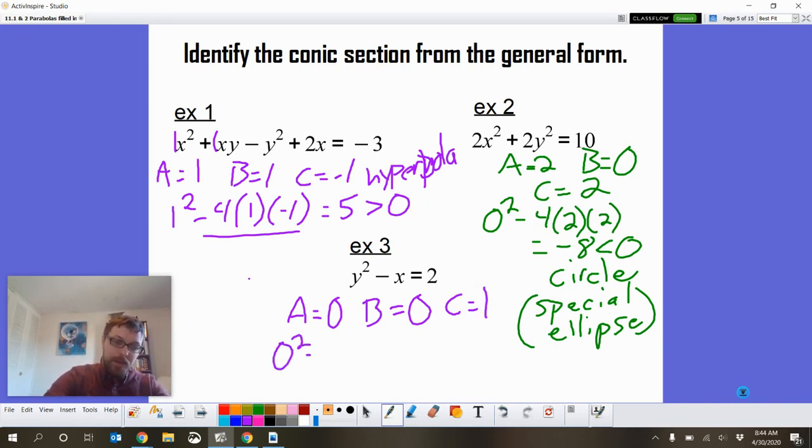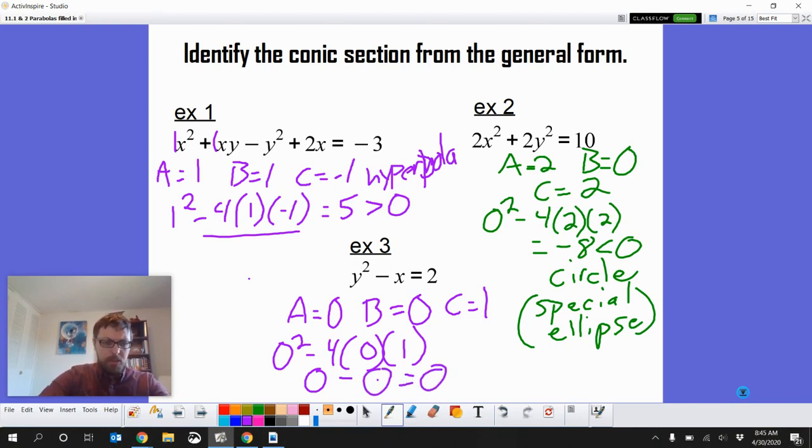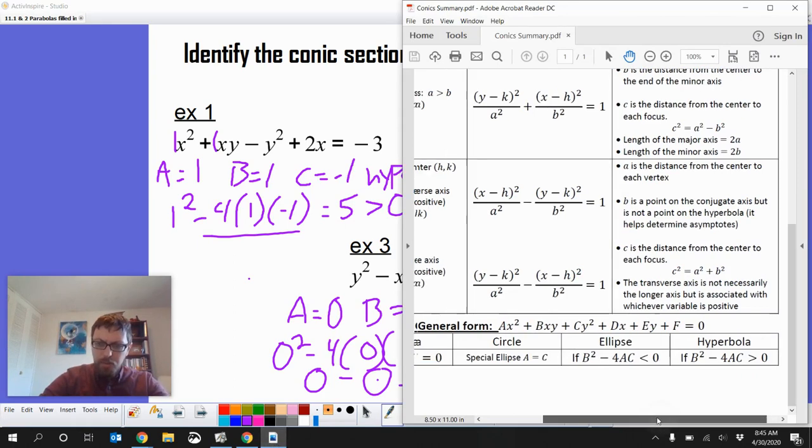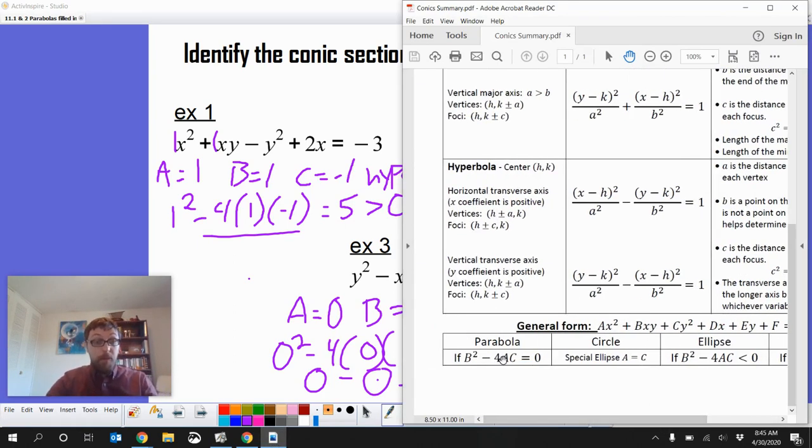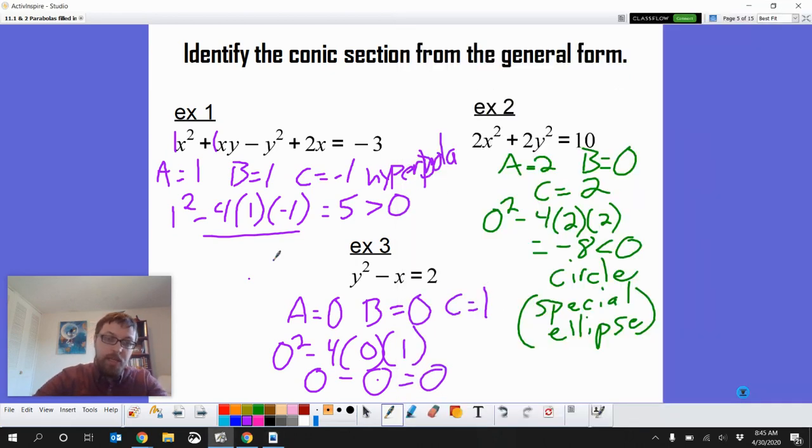So we do 0 squared minus 4 times 0 times 1, and we get 0 minus 0, which equals 0. Well, if it actually equals 0, then it is a parabola. So since this thing equals 0, our shape right here is a parabola. And that's how we identify our conic section.